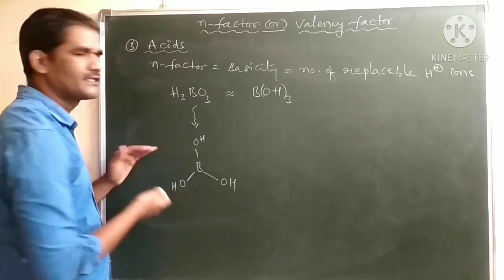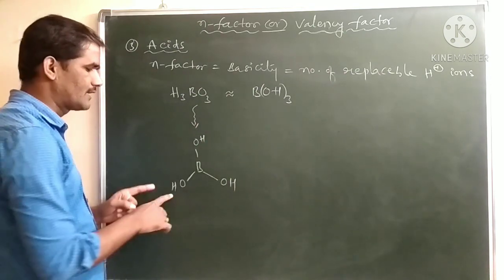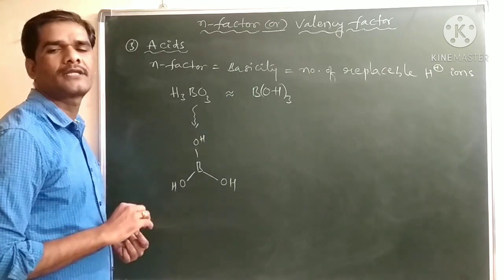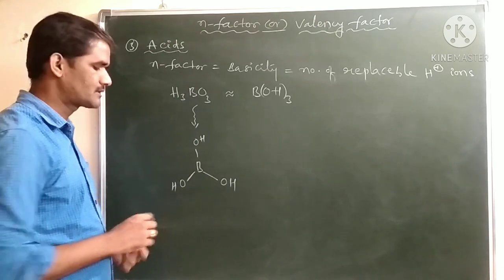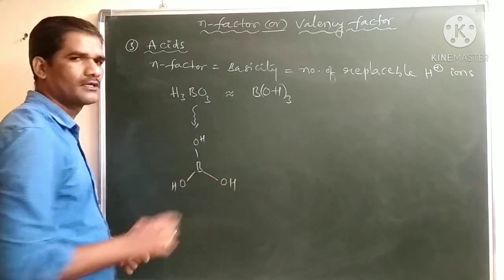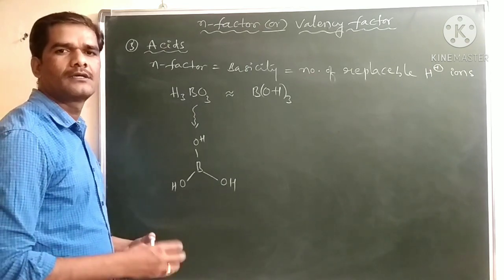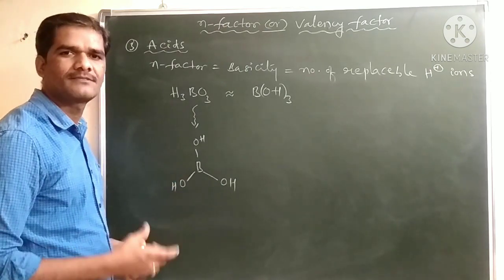But in H3BO3, all three hydrogens are directly linked to the oxygen. Even though here the N factor is not 3, it is 1. Why? Because these three hydrogens are not replaceable. They will not give any H plus. This compound will not give any H plus ions in the aqueous medium.